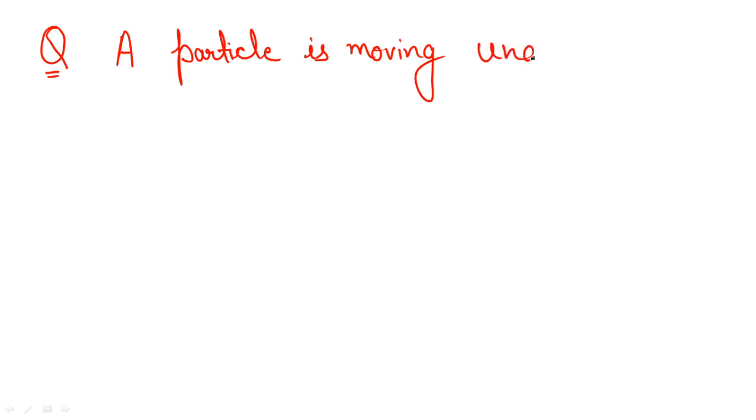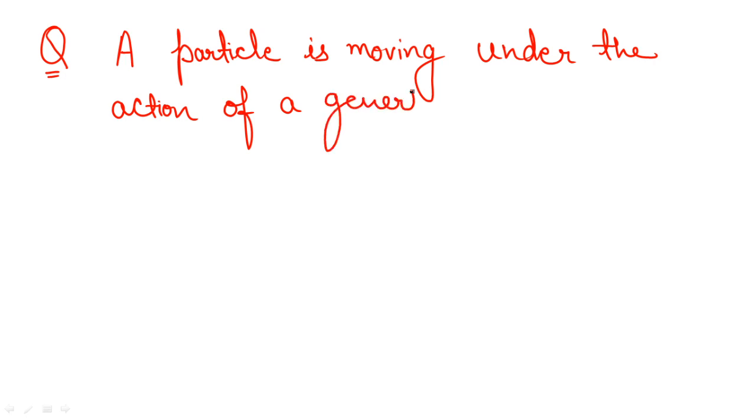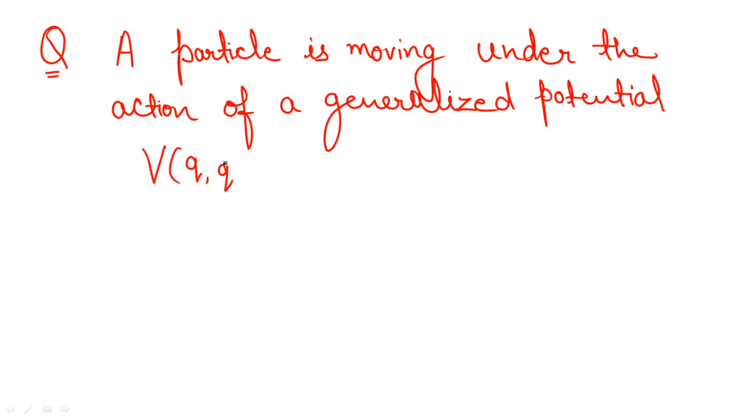The question is, a particle is moving under the action of a generalized potential, and the expression which is given to you is, here V is a function of q and q dot, that is the first order derivative of q.